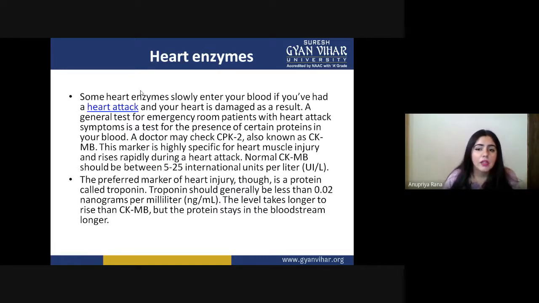This level takes longer to rise than CKMB, so it does not rise as quickly, but the protein stays in the bloodstream for a longer time, and it can cause problems at any time.